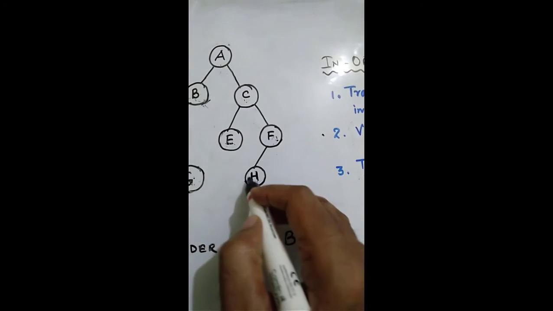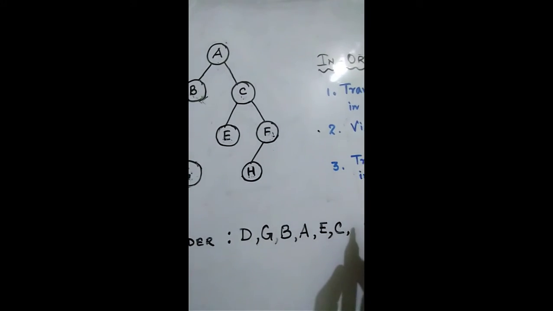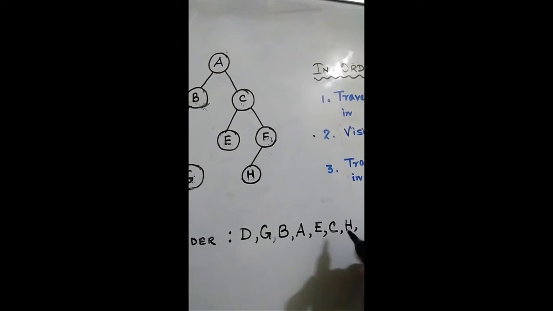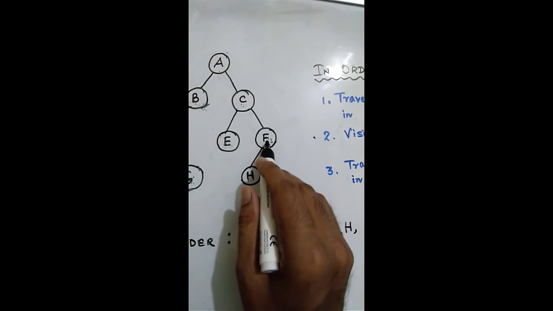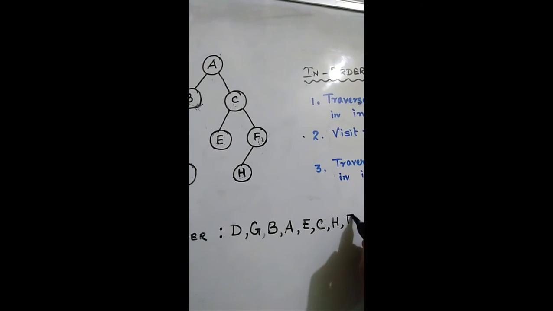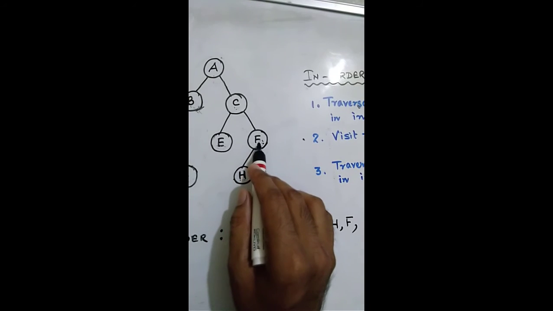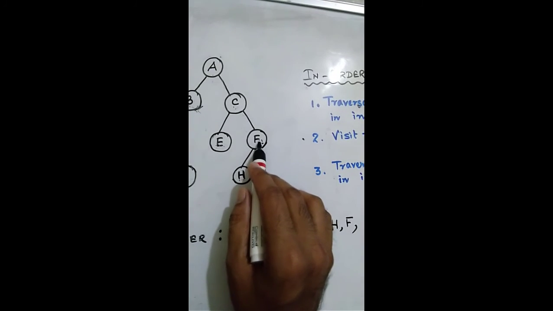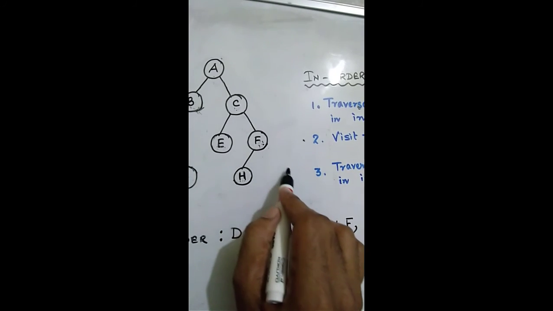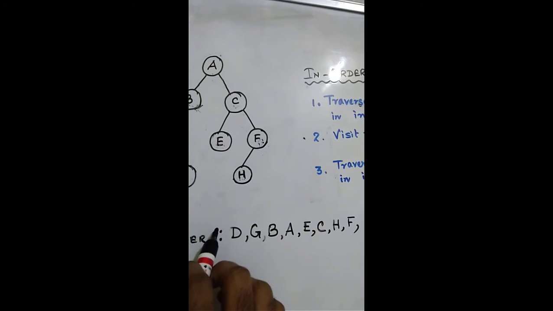So H will get visited and printed. After H, we will print its parent node or root, F. We have visited the left part, we have traversed the root, and since there exists no right part, we will stop the process here.